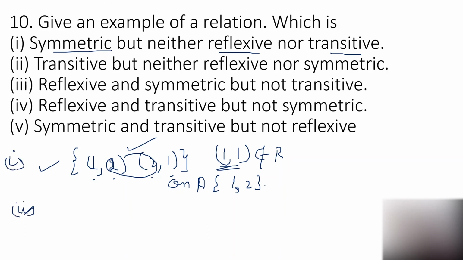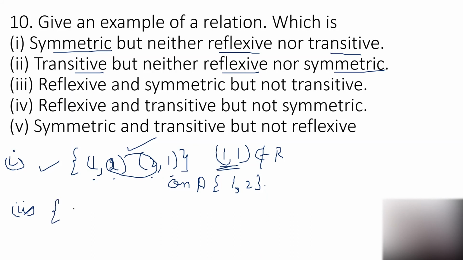Next is the example for the second condition. It should be transitive but neither reflexive nor symmetric. Let us consider it should not be reflexive, should not be symmetric, but it should be transitive. So let's check.